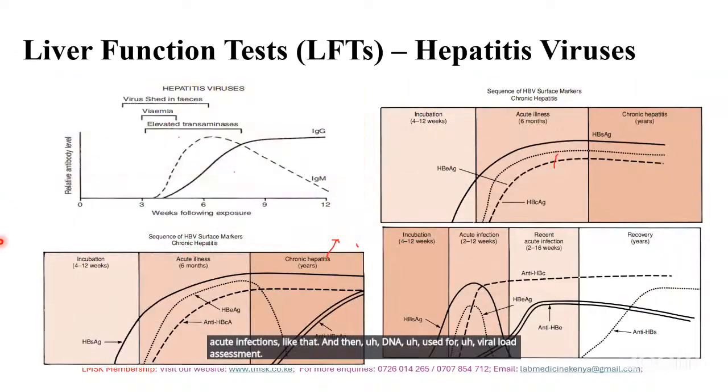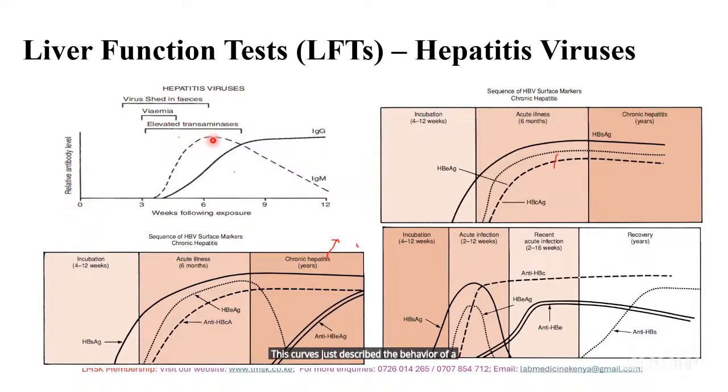These curves just describe the behavior of hepatitis over time. And we have IgG, the immunoglobulin G after exposure to hepatitis viruses. After about 2 weeks, 3 weeks, the IgG levels are going to rise, and then they're going to remain high because IgG is dependent on the memory of those particular immune exposures.